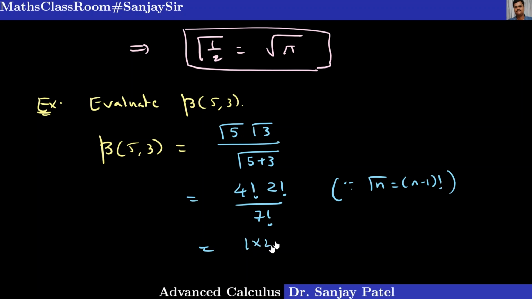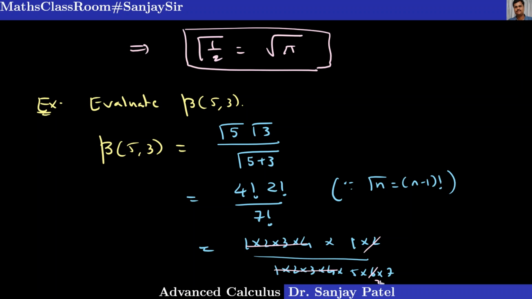You get 1 into 2 into 3 into 4 into 1 into 2 upon 7 factorial, that is 1, 2, 3, 4, 5, 6, 7 multiplication. So 1 to 4 will be cancelled here, and here 2 times 3 is 6.